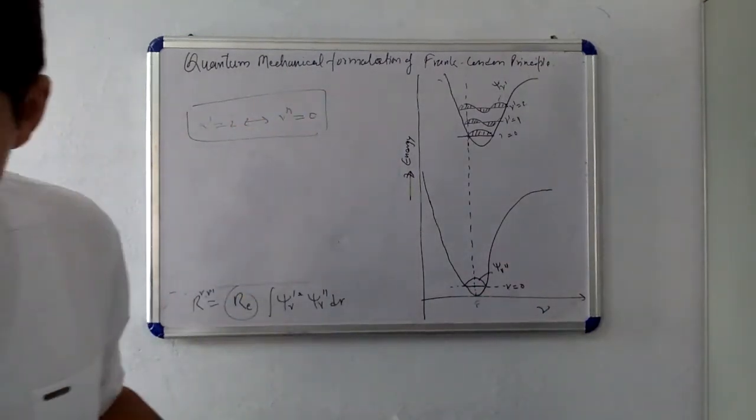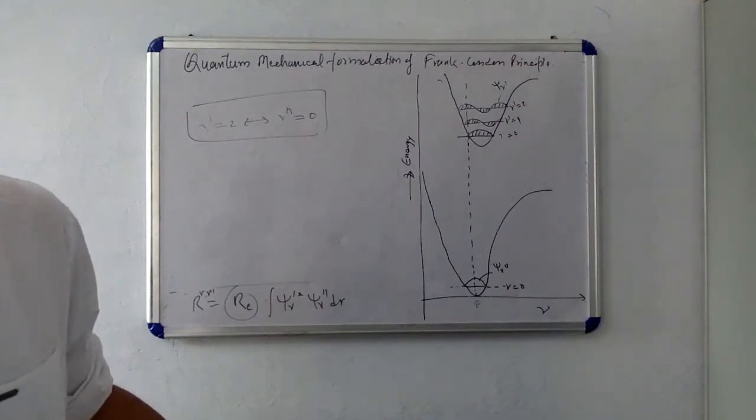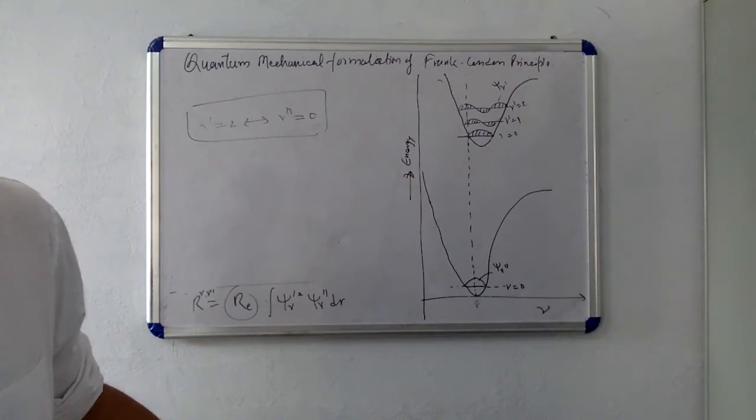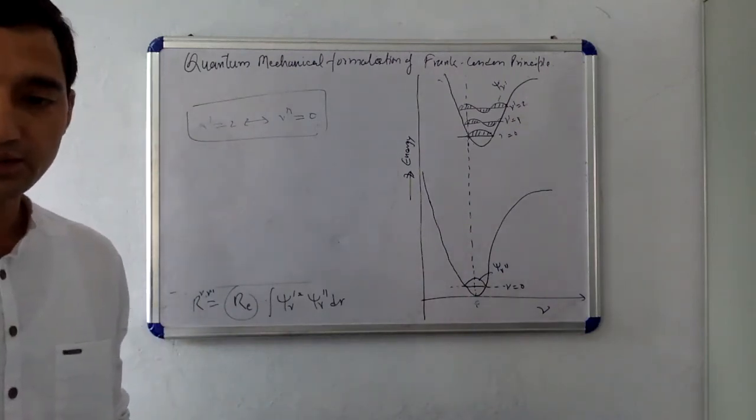If you remember, in the last class I was discussing that for the CO molecule you have a transition 0 to 2. That is the progression 0 to 2. We have a maximum intensity of the band.